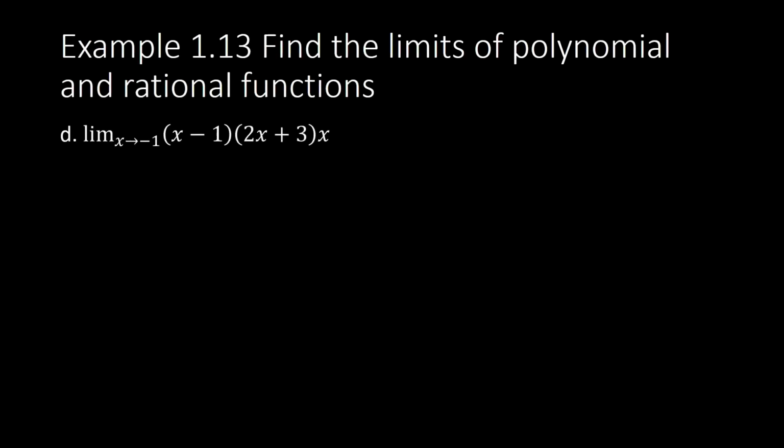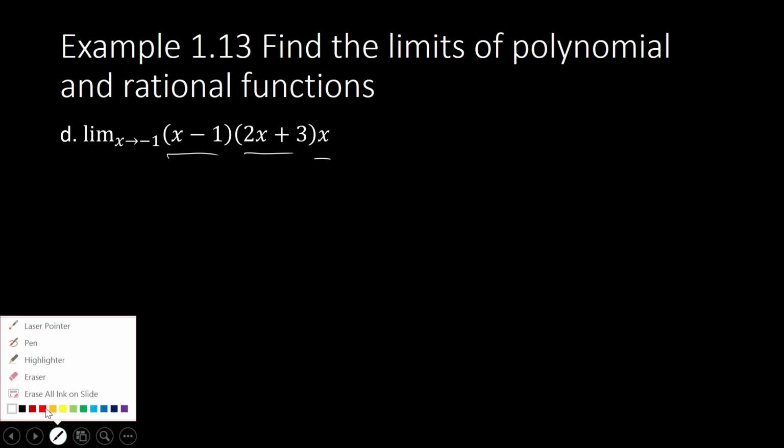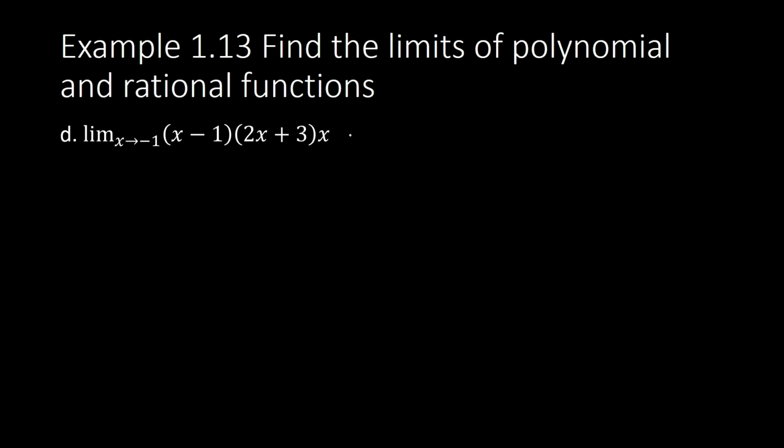Okay, so let us find the limits of these functions. These are polynomial functions, and we know that their limits exist for any real number a. So all we have to do is just get the product of their limits.